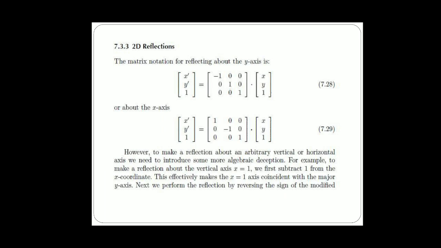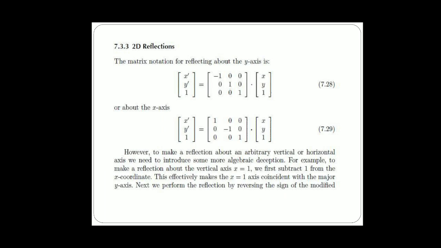So this is basically 2D reflection. How do we apply it? The matrix notation for reflecting: for example, x dash is equal to minus x, the opposite of x. The matrix notation for reflecting about the y-axis is [x' y' 1] = [-1 0 0; 0 1 0; 0 0 1] into [x y 1], and for the x-axis it is again [x' y' 1].